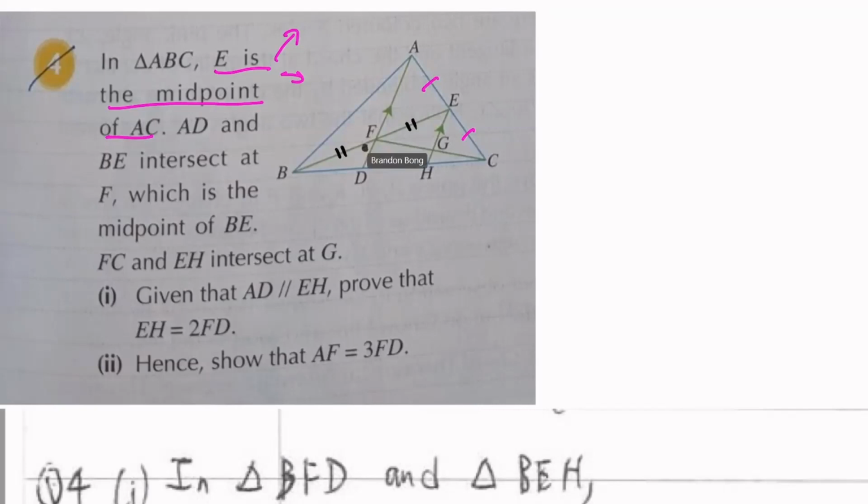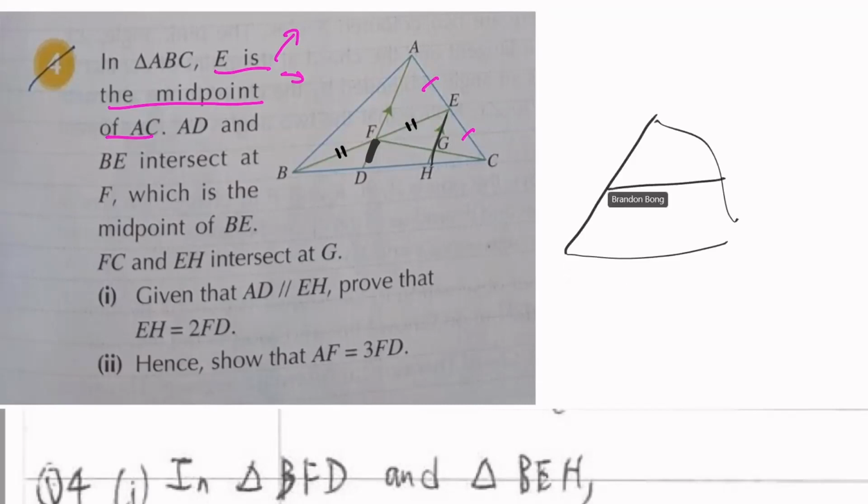And you know that this equals this, also vertically opposite. Then this equals this. What's the conclusion we need? EH equals to 2FD.